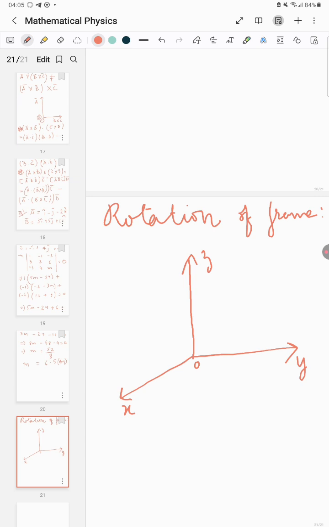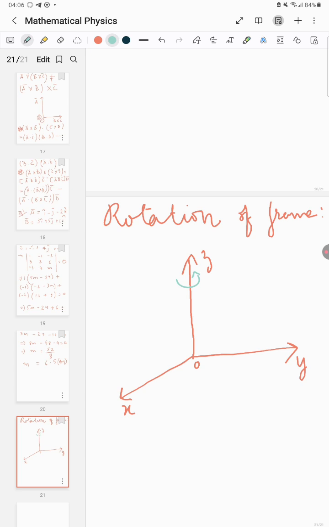Now the frame is rotated about the Z axis by an angle theta. So the Z axis basically does not change. If it is rotated about the Z axis, then this Z axis won't change.